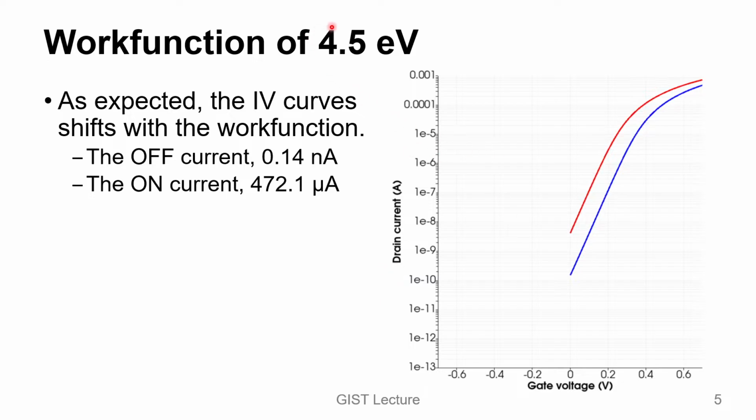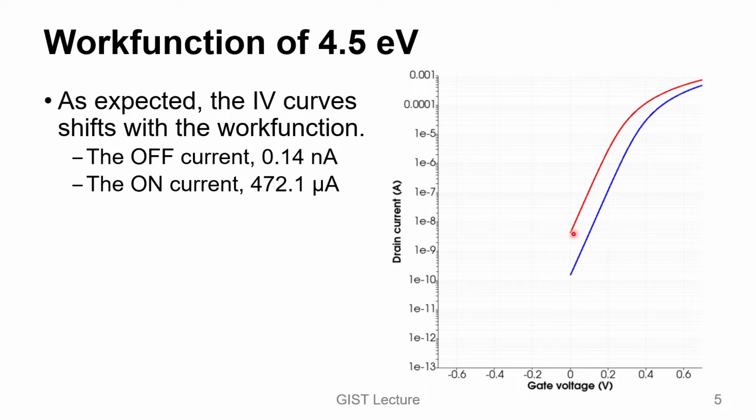If we introduce a work function of 4.5 eV, 0.1 eV higher than the previous one, then as we expected, this curve just makes a parallel shift toward the positive direction. So you can see that there is exactly 0.1 volt difference in this curve.